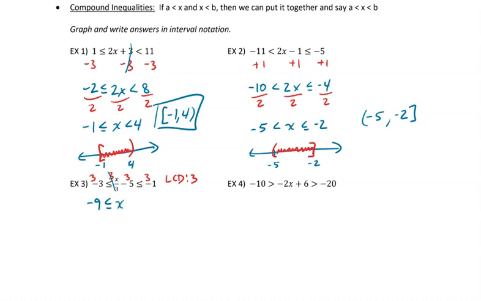We're just left with x minus 15, is less than or equal to 3 times negative 1, which is negative 3. Now, if we have x minus 15, all we'd have to do is add 15. And we're going to get 6 is less than or equal to x is less than or equal to 12.